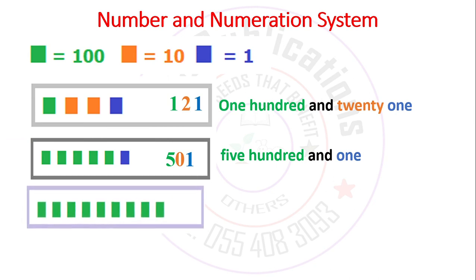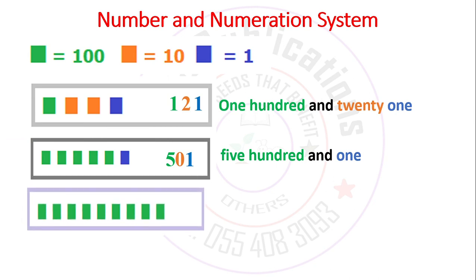Let's look at the next. How many 100s do we have here? I say how many 100s because one of the green represents 100. Okay, let's count. We have 1, 2, 3, 4, 5, 6, 7, 8, 9. We have 9 hundreds.